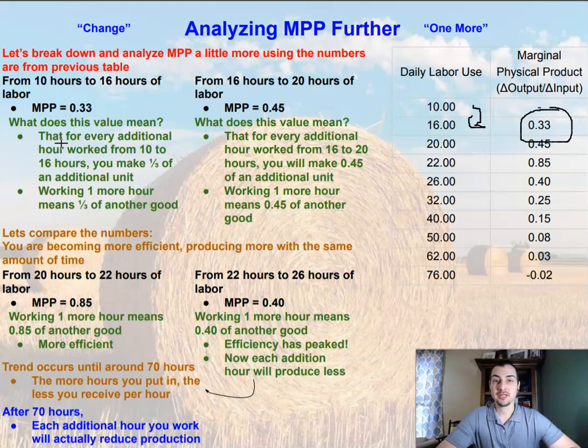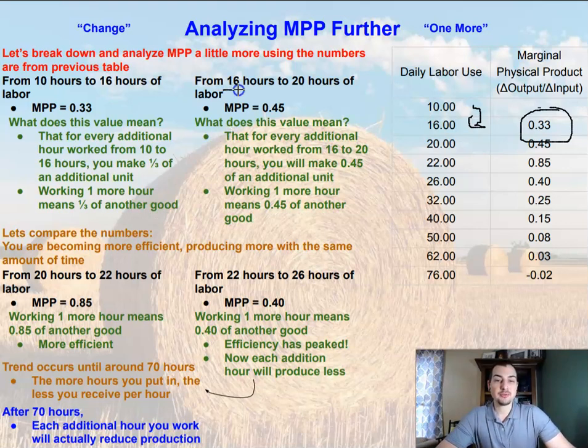So essentially, working one more hour means you make 1/3 more of a good. For example, if you work for 3 hours between 10 and 16 hours, you can expect to make one more total product.